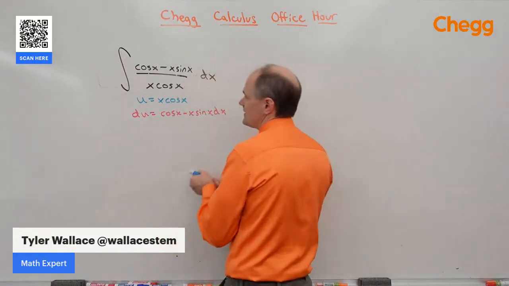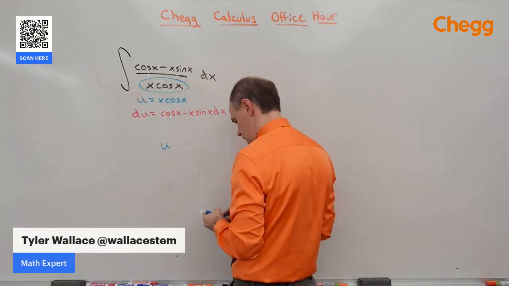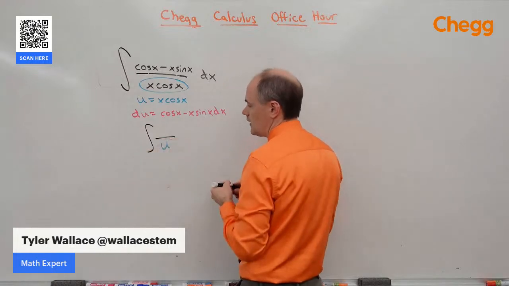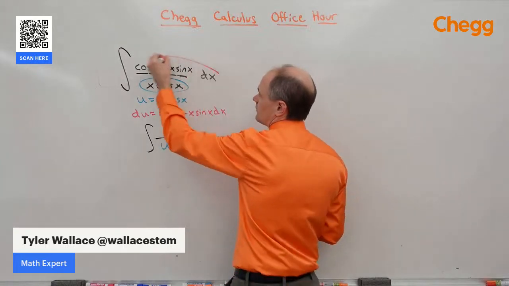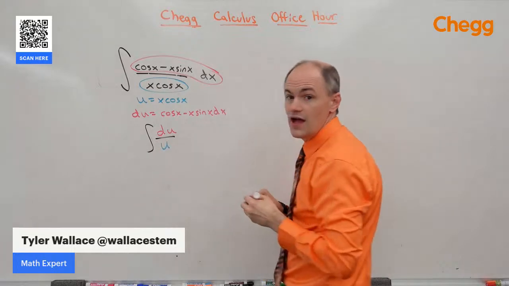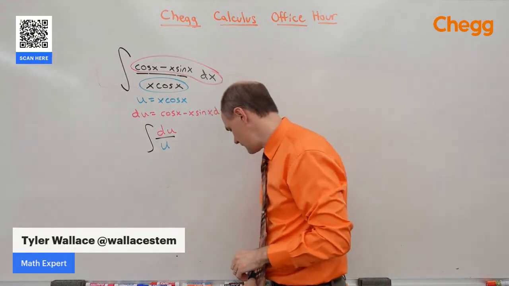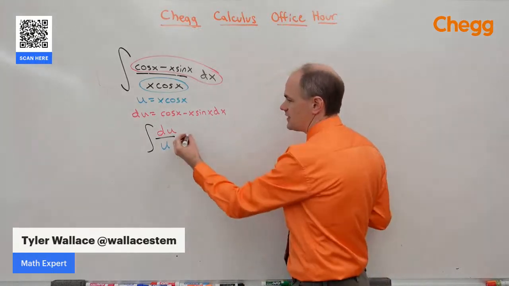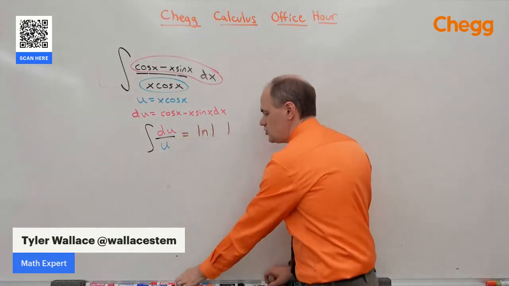What ends up happening is this denominator is all going to get absorbed into the u. And the numerator, this cosine x minus x sine x dx, all gets absorbed into the du. And that simplifies the equation down to something that we can solve. 1 over u du, that's just the natural log of our u.